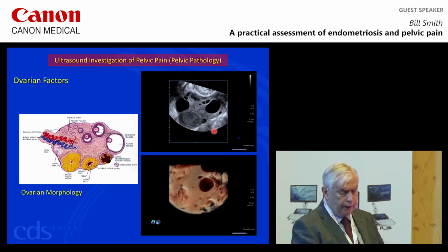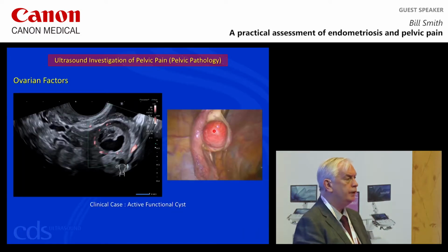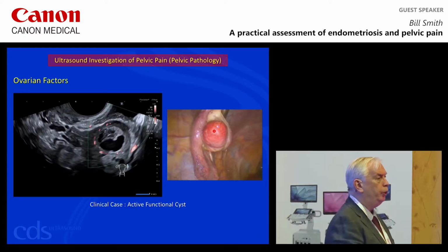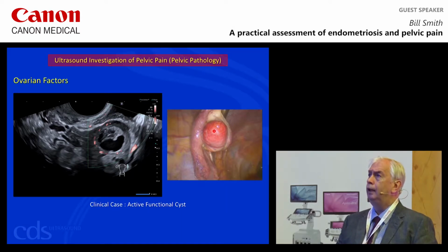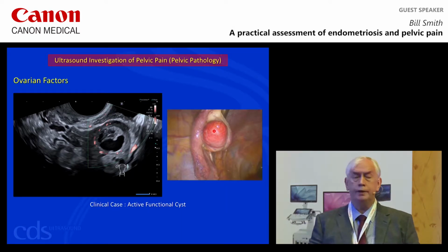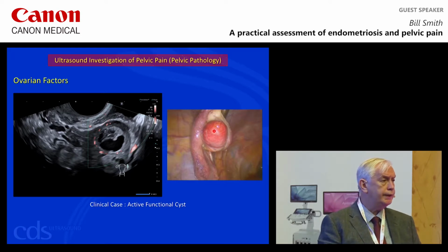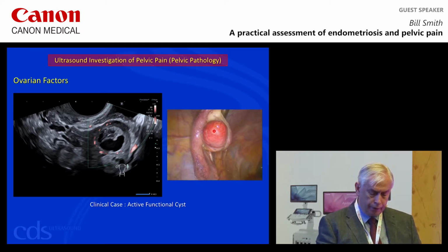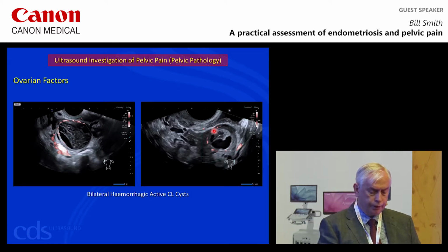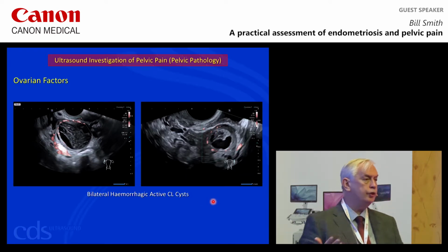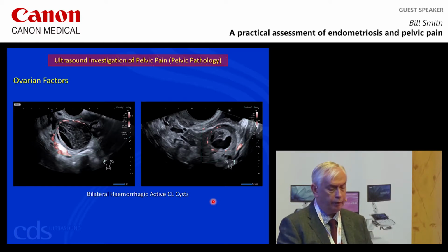The most common lesion that we're going to come across in terms of pelvic pain and abnormal uterine bleeding is this chappy here, the active functional cyst. These lesions can cause all sorts of problems, as you'll see in a second.